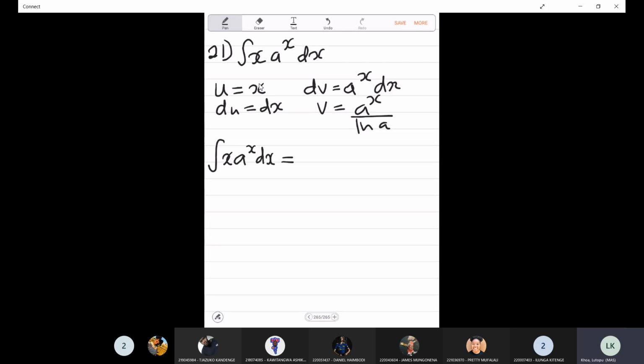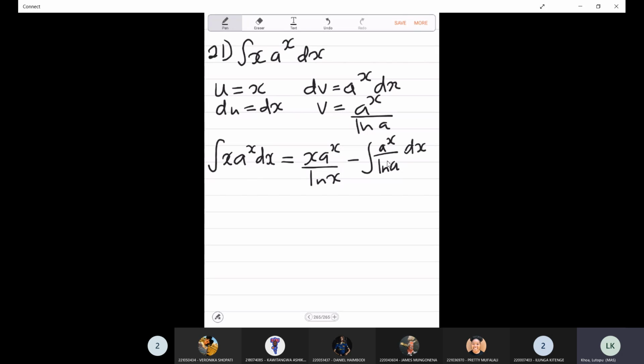This is u times v, so x times a to the power of x over ln of a, and then we subtract the integral of v multiplied by du. That's a to the power of x over ln of a, and du is just dx.